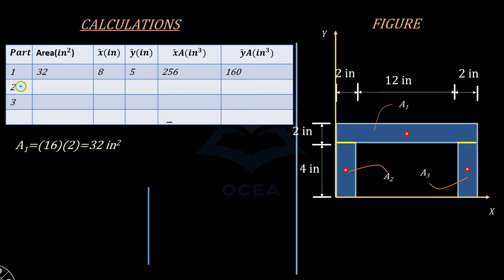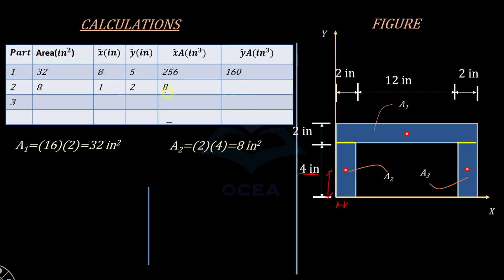Now we are going to perform the calculation for the second rectangle, that is this one over here. First, the area of this rectangle is going to be equal to 2 multiplied by 4, which gives us 8. And then we are going to calculate the centroidal coordinates, that is x2 and y2. x2 is equal to 1 inch and y2 is going to be equal to half of this distance, that is 2 inch.